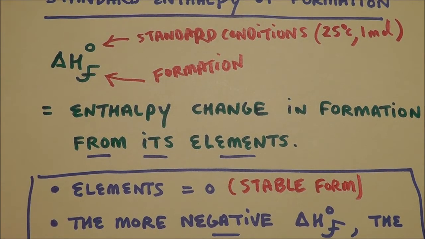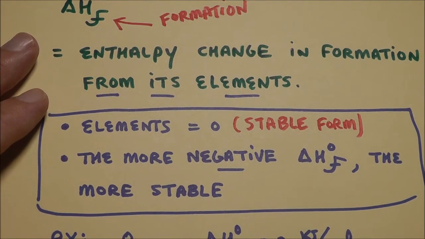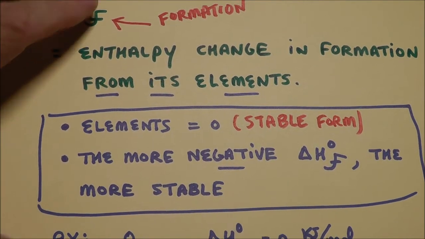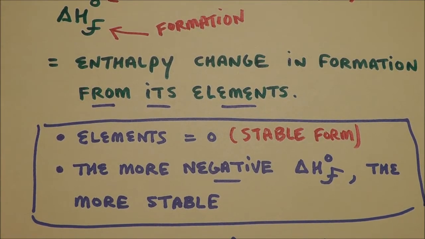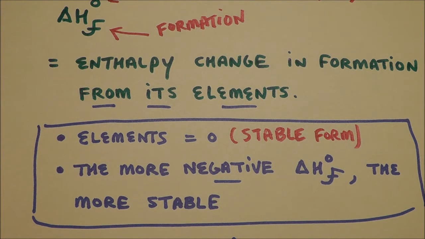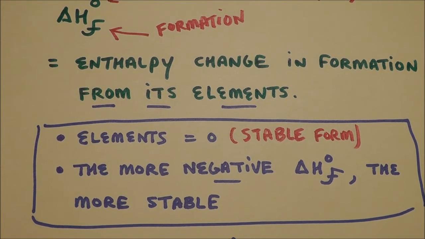So what we have is sort of a ground level reference point to figure out where all these compounds are relative to their elements. And that means the more negative the delta H, the more stable the compound. So if something is a great deal more stable than its elements and you form that compound, a good example would be water.